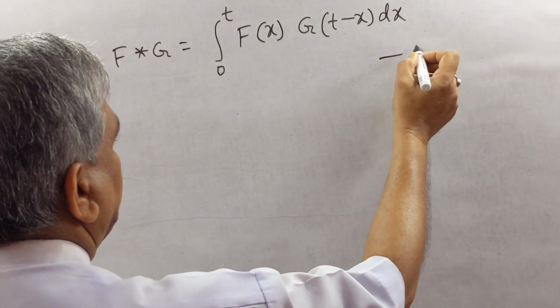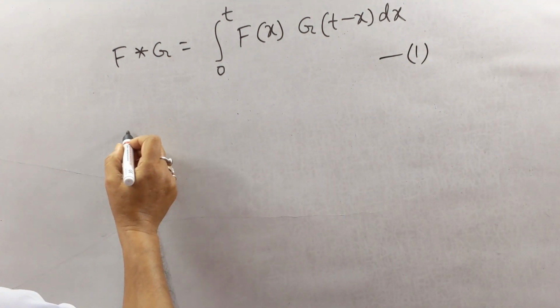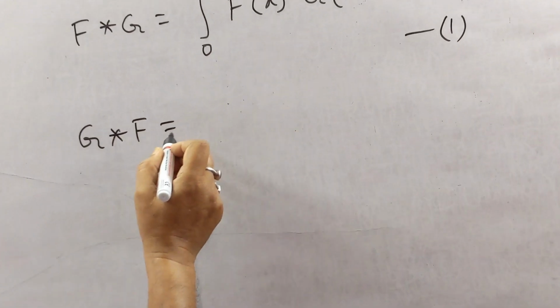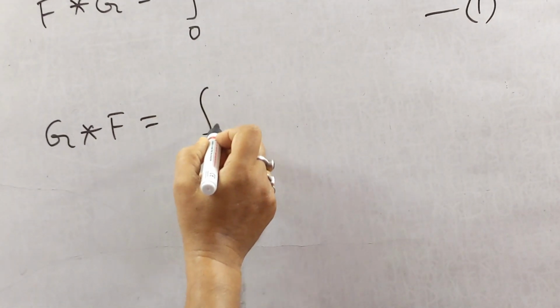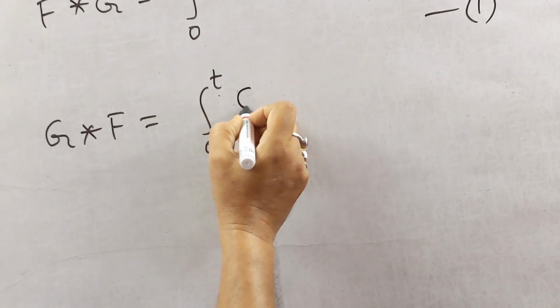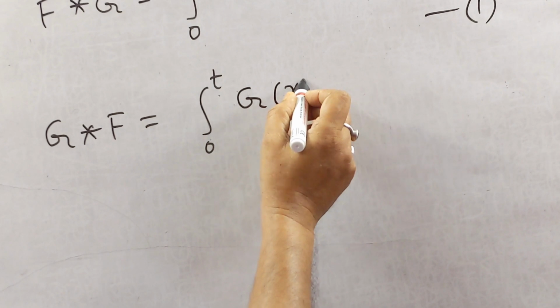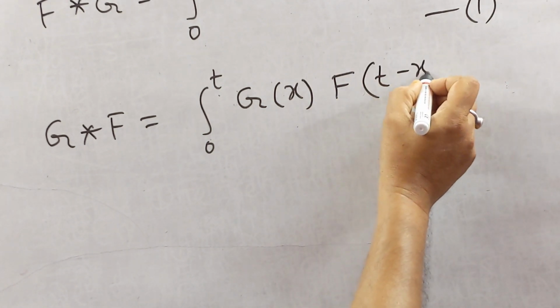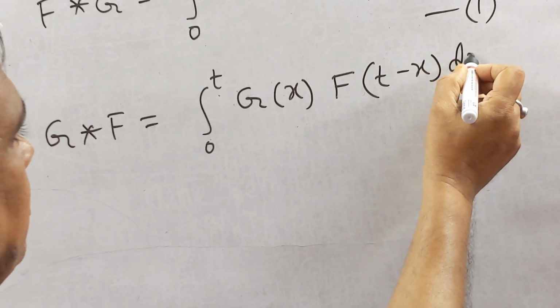This is number 1. Now g star f equal to integration from 0 to t g(x) f(t minus x) dx.